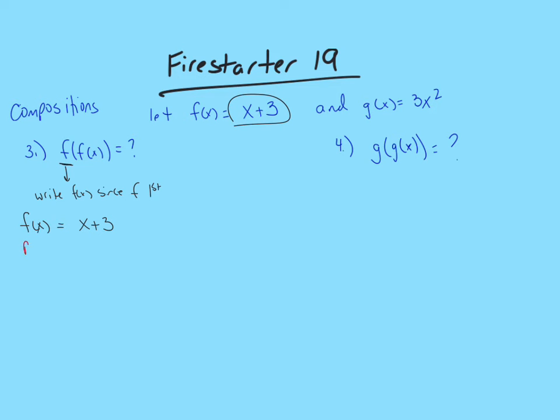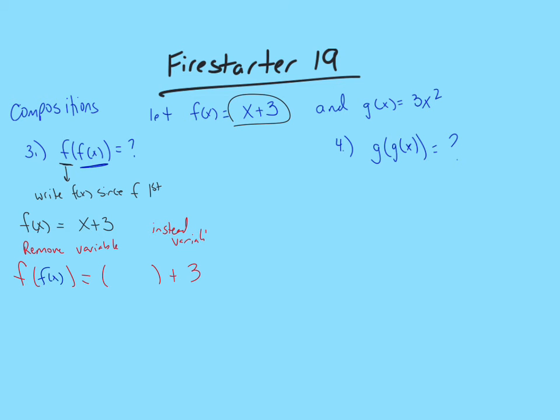Now, I'm going to remove the variable, because the reason we write f of x is because that's a variable. I'm going to write f of big blank space. Now in this blank space, I'm going to put f of x.